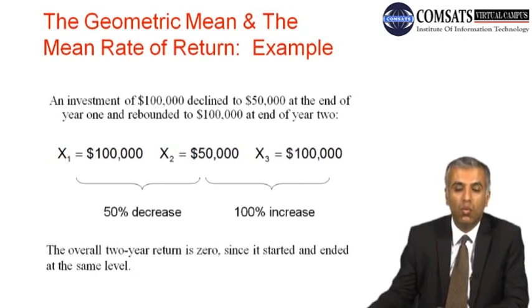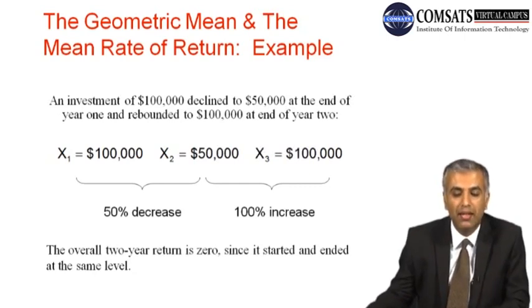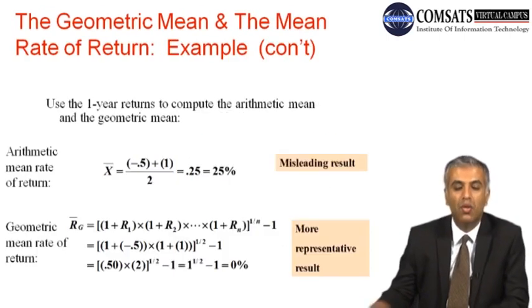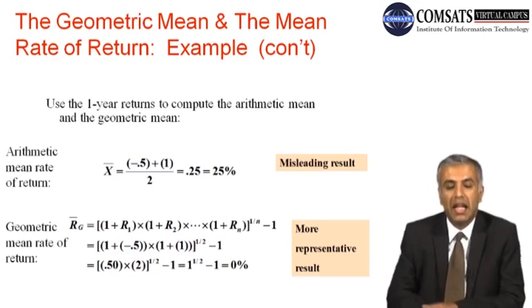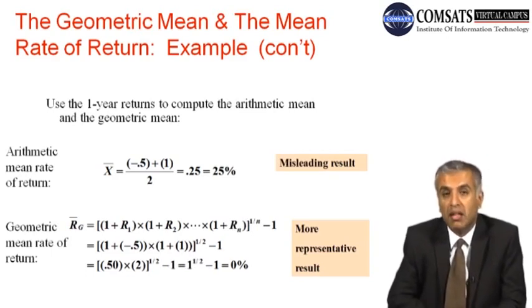So if we calculate these conventional figures, the typical average or arithmetic mean, by taking the average of negative 0.5, which represents the downfall of the investment, with the addition of 100%, divided by 2, it represents a 25% arithmetic mean.